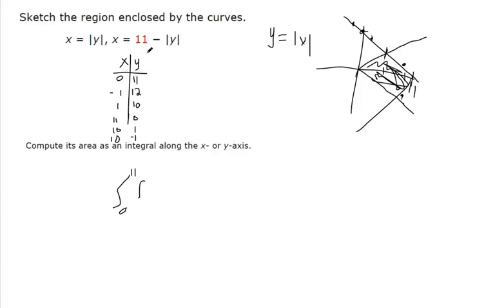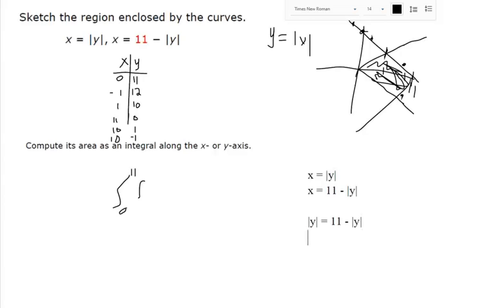So to find that intersection point, you plug these into each other and solve. We've got x equals absolute value of y. We've got x equals 11 minus the absolute value of y. I want to find out where these cross, so I'm going to plug in the top function into the bottom function.